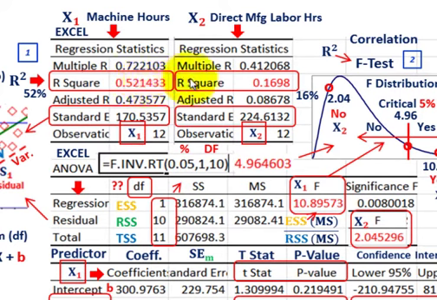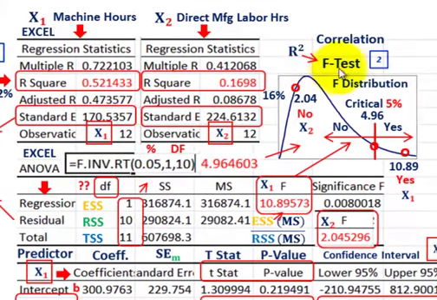Okay, now let's test for this R squared. This is where we're going to use the F test to prove out our results. The first thing we have to do in our F test is determine a critical value for our F distribution. You can either look at an F table, or in this case I'm using Excel, and we're looking at the ANOVA, which is really the variation that we're looking at.